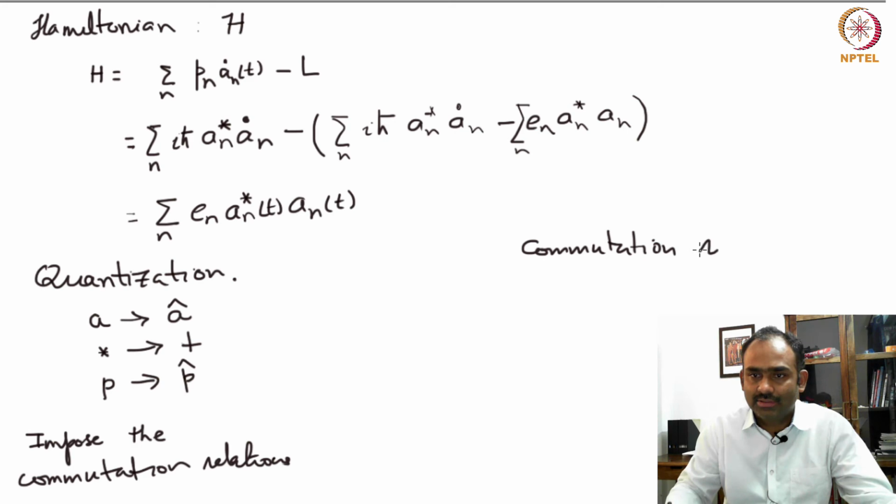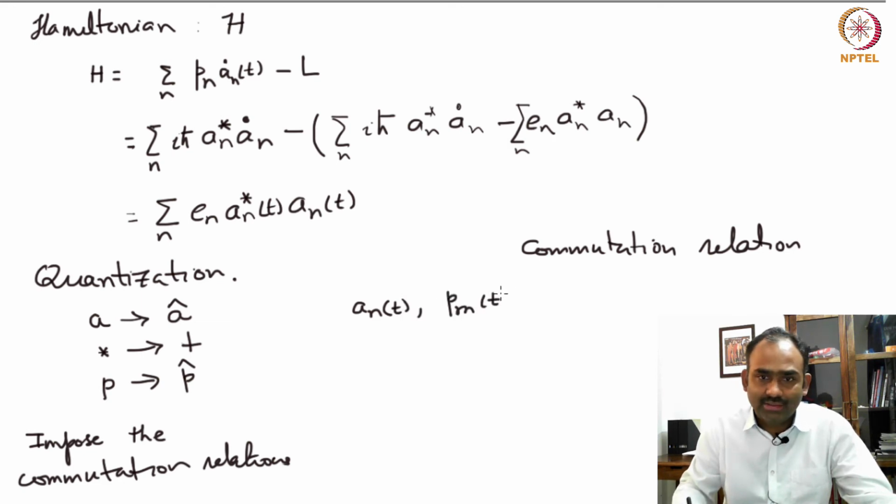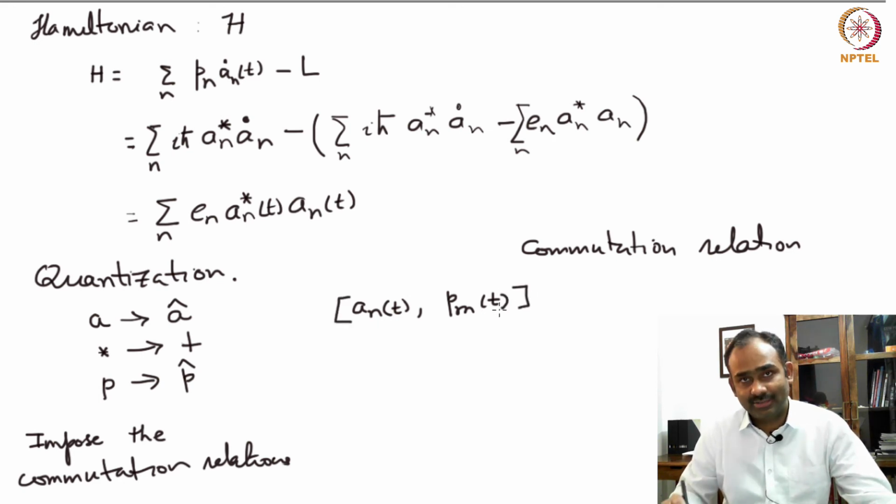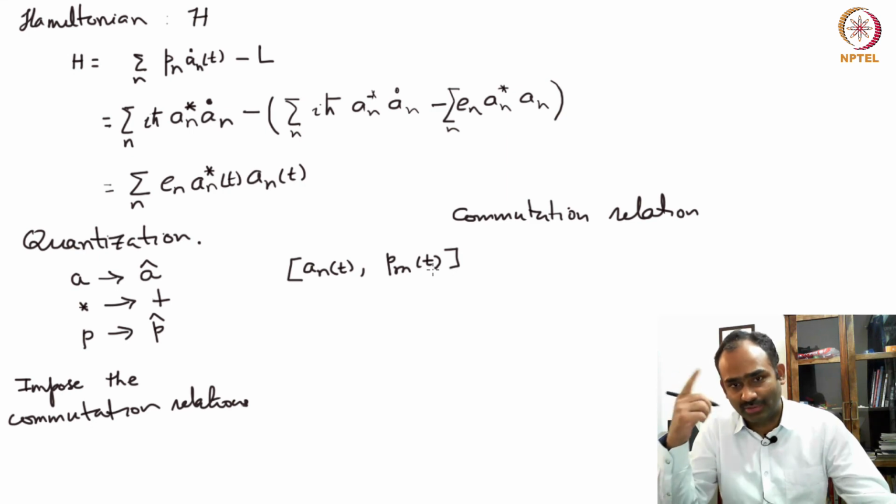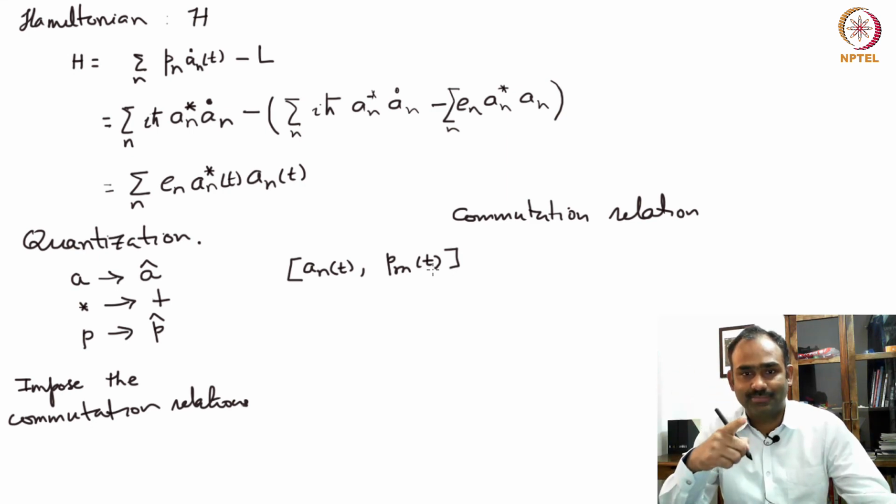If I take An of t and Pm of t and calculate its commutation relation, this will be iħ times the Poisson bracket, and Poisson bracket has to be delta mn, because these are canonically conjugate pairs.